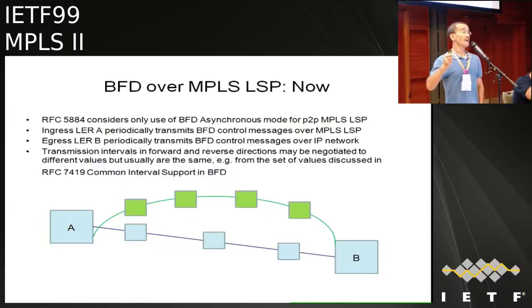But once they reach up state, node A can tell node B to go in demand mode. So node B has to stop sending periodic messages. At the same time, node A can verify that node B is alive by initiating a poll sequence. And then node B will have to respond with the F bit.